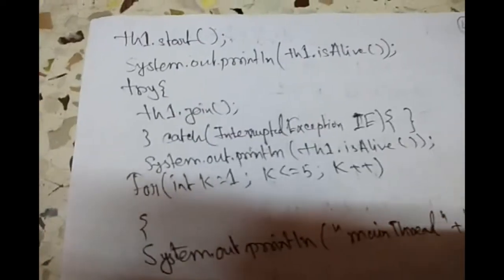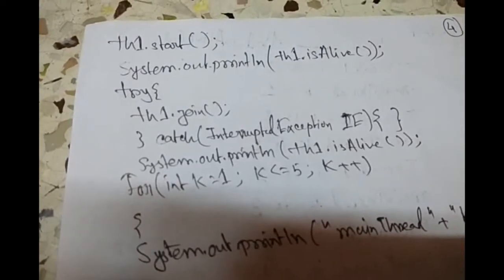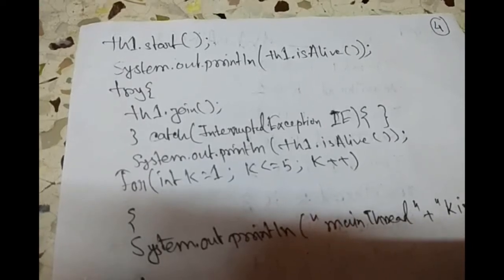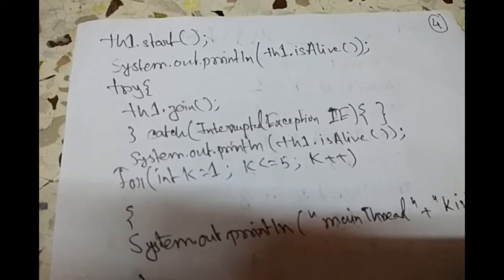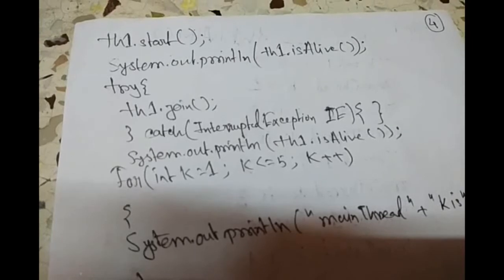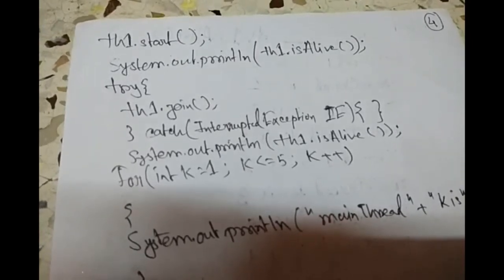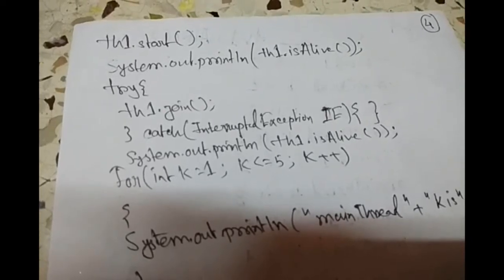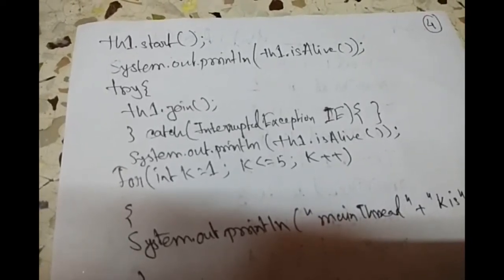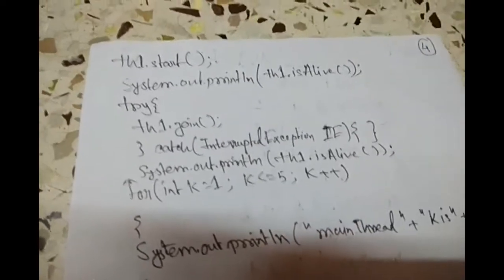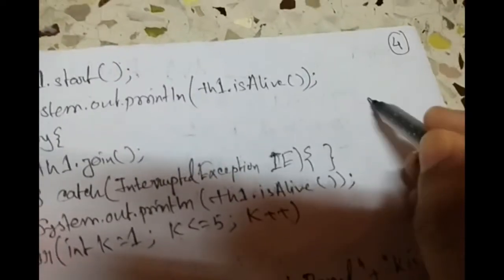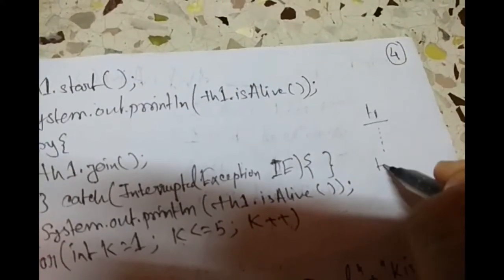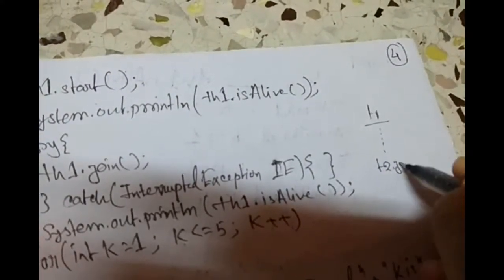Suppose two threads are simultaneously running and one thread calls the join method on another thread, like T1 calls T2.join.